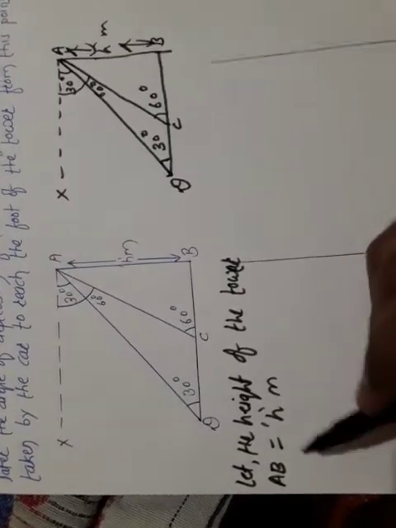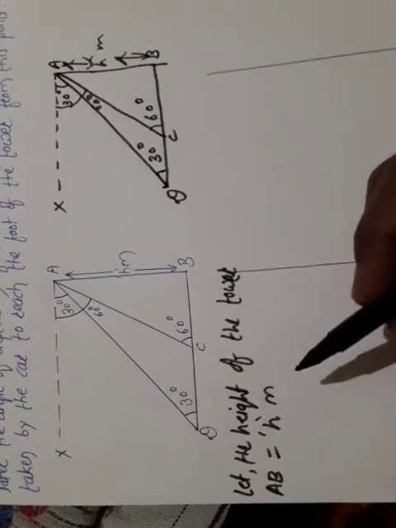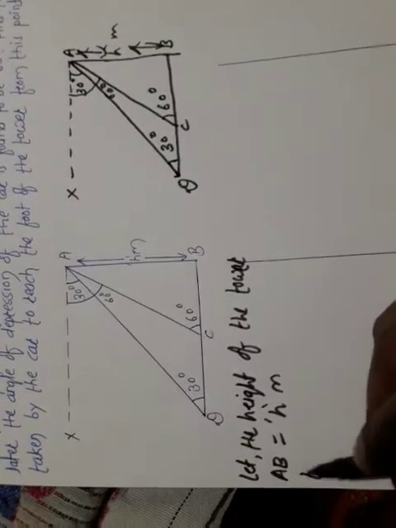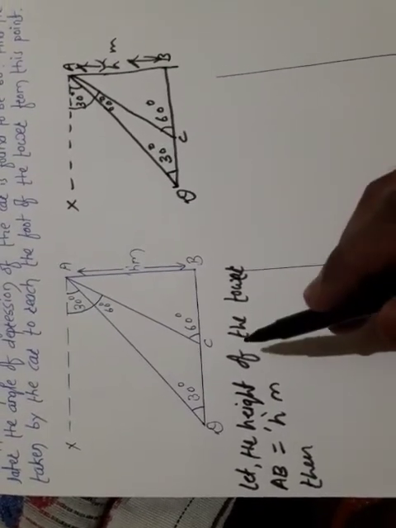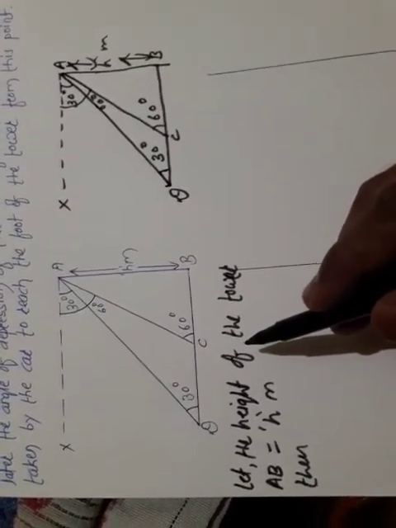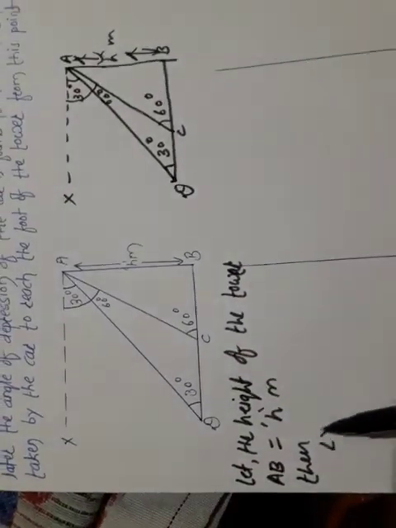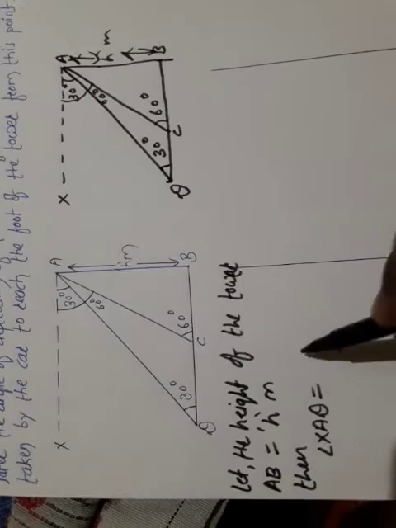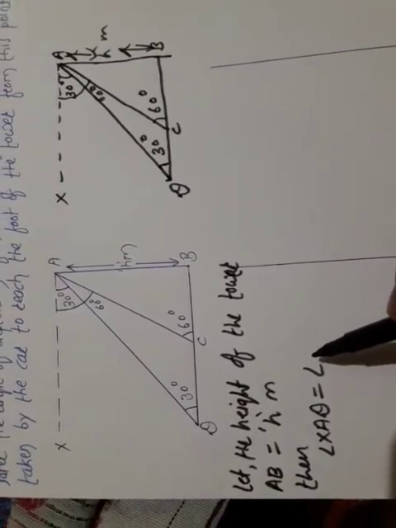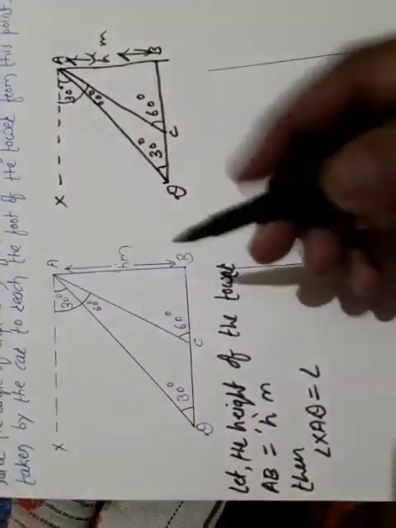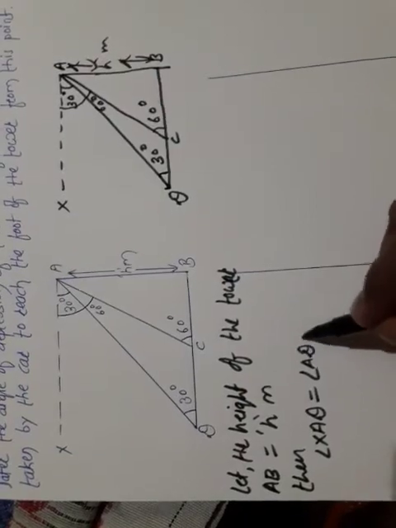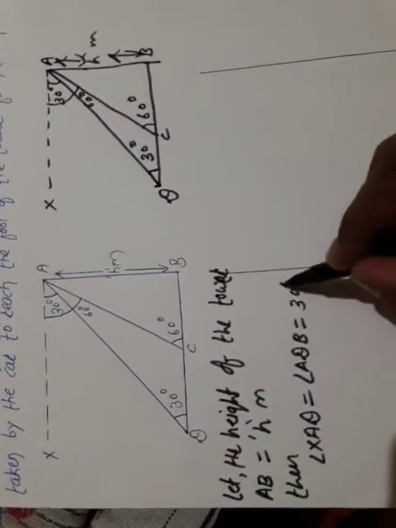Let the height of the tower AB is equal to what? H meter. Then now we will write the angles by using that. Angle XAD is equal to angle ADB is equal to 30 degree.